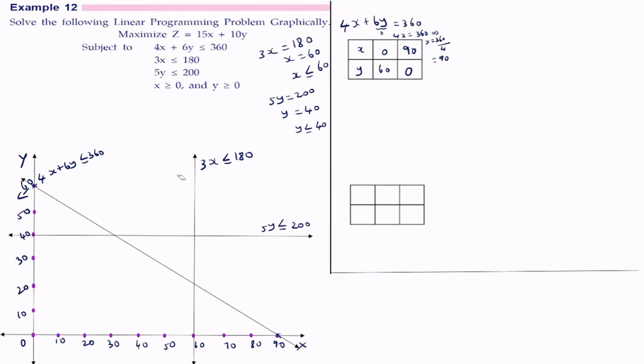And next we have the non-negative constraints, which are x greater than or equal to 0 and y greater than or equal to 0. It is nothing but the first quadrant. So the region which is common to all these is this part. So this is the feasible region.